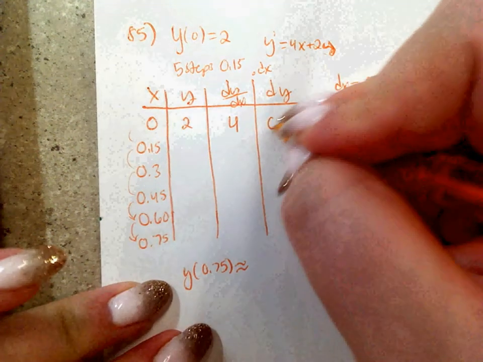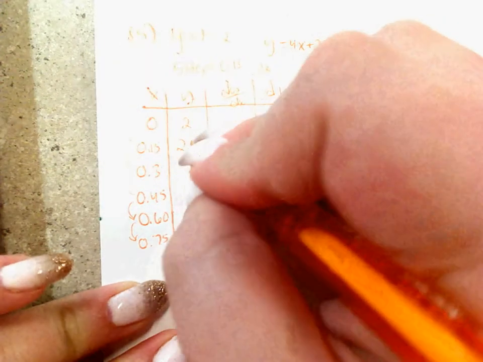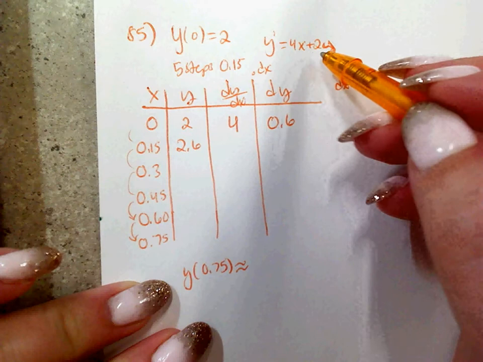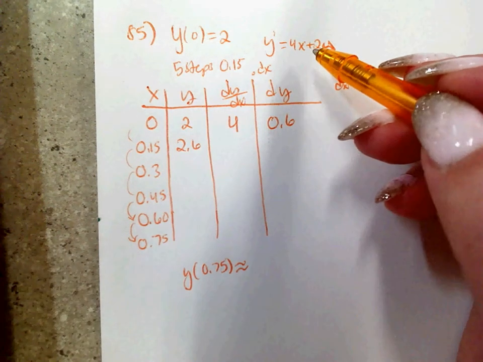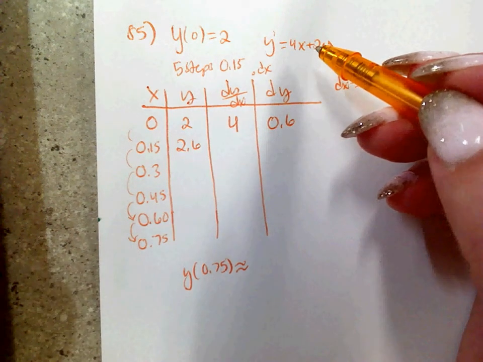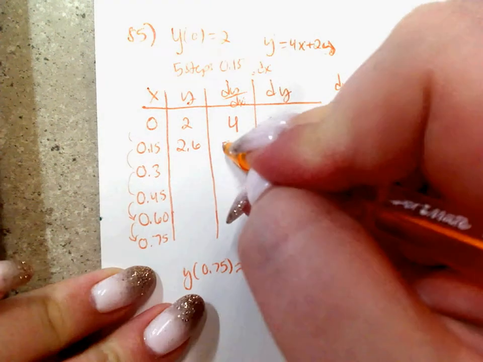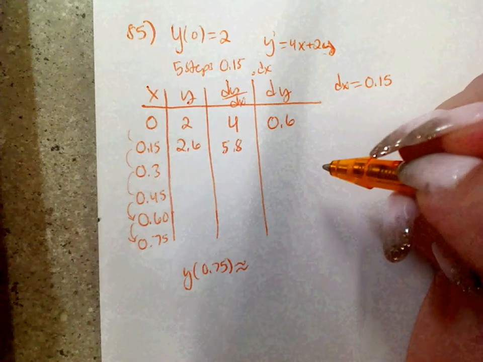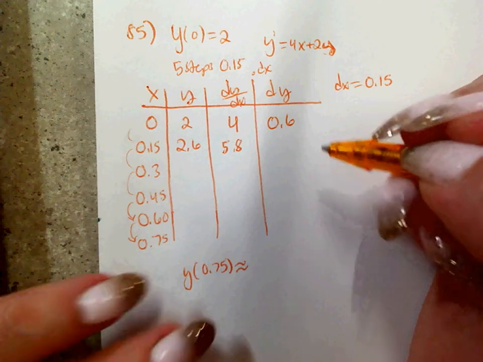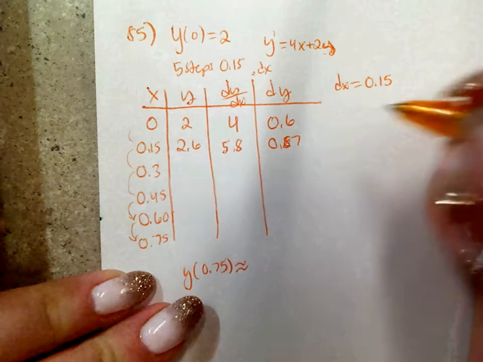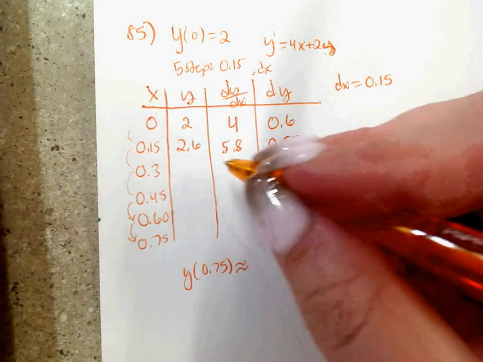So when I plug in 0.15 and 2.6, so 4 times 0.15 plus 2 times 2.6, you get 5.8. 5.8 times 0.15 is 0.87, and so we add 0.87 plus 2.6, and that's 3.47.